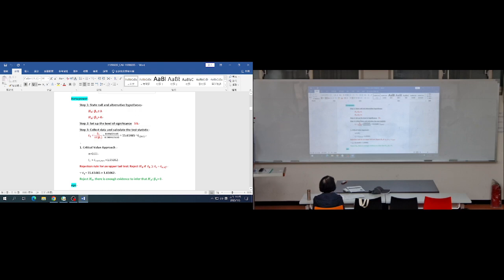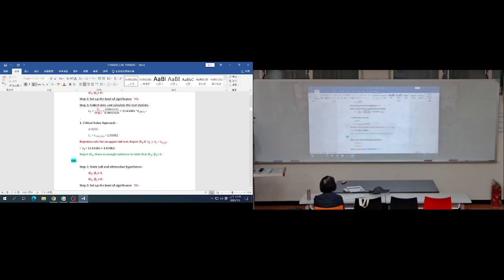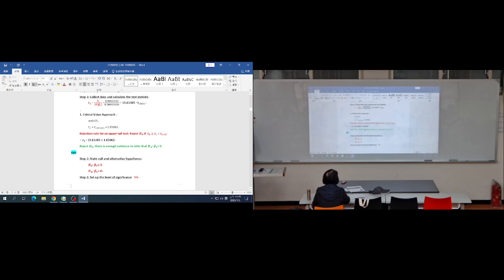Hypothesis testing: null hypothesis and alternative hypothesis, taking the level of significance as 5%, and t equals beta 1 divided by standard error, we will get this one. It's the critical value, and we are using the critical value approach to take the decision whether to reject the null hypothesis.